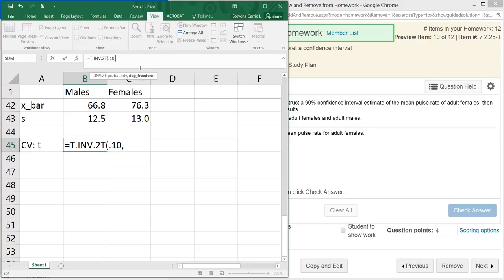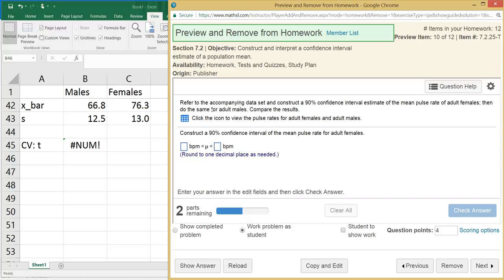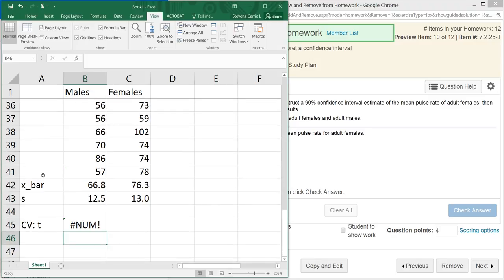And then next, you can see down here, after the probability, it wants the degrees of freedom, which is n minus 1. So to know what n minus 1 is, I would have to count all the values, or possibly it could have been given in the problem. Let's see, it says refer to the accompanying data set. Now it doesn't say any. Sometimes in this setup, it'll say the number of values in the sample, but it doesn't for this one, so we're going to count them.